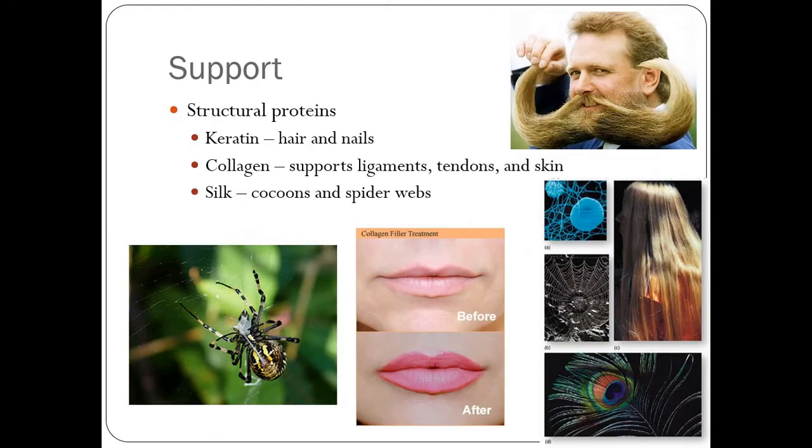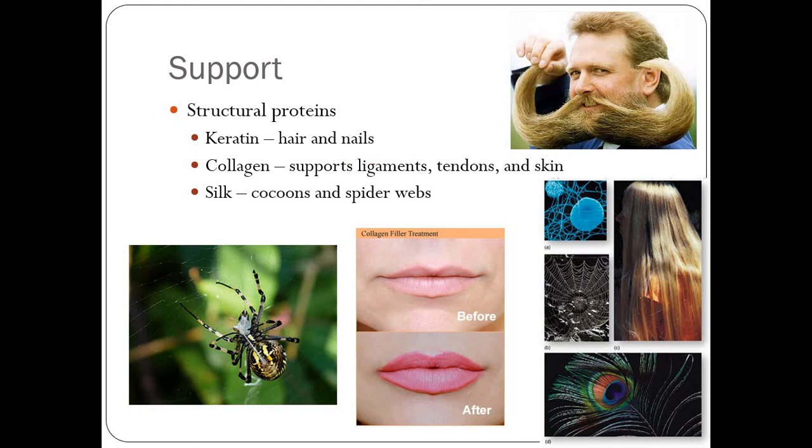Proteins also work for support. We have structural proteins like keratin. Keratin is a protein present in hair and nails. We have collagen. It supports ligaments, tendons, and skin.